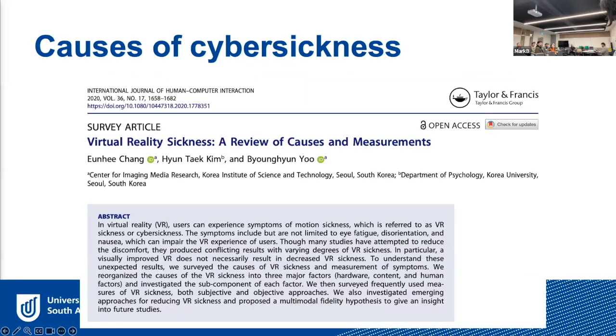Based on this theoretical background, what I did first was to figure out which factors are related to this.